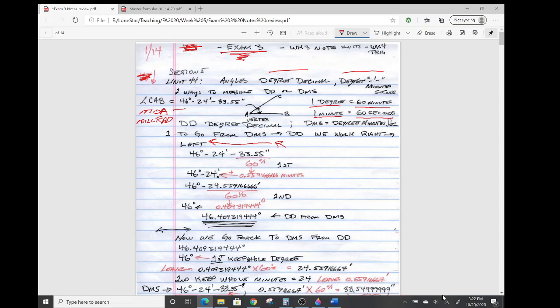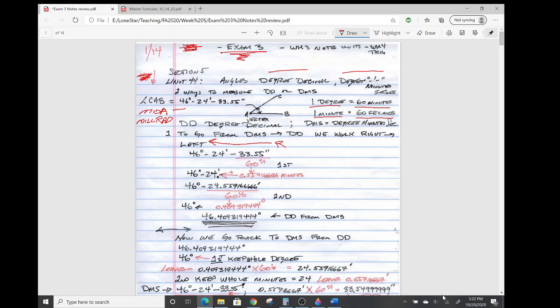So the first thing you're going to do is convert the seconds to minutes. There are 60 seconds per minute, so we divide our seconds by 60 and we get 0.5591666 minutes. We take that decimal minutes and add it to our whole minutes.